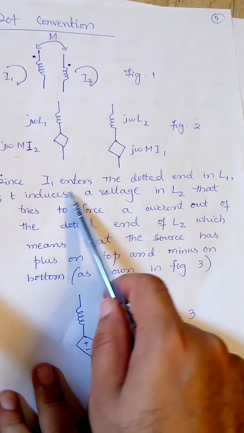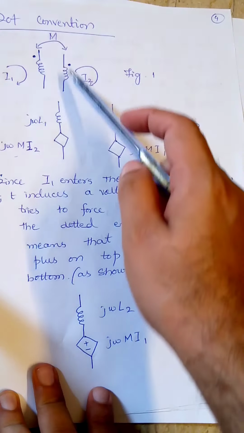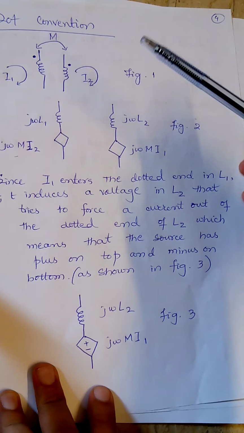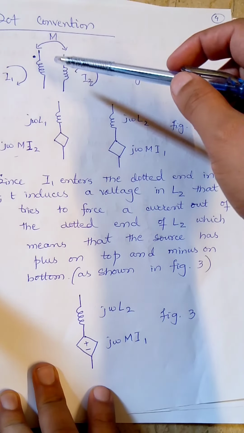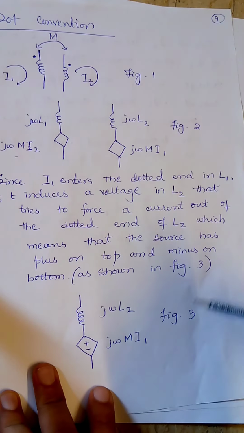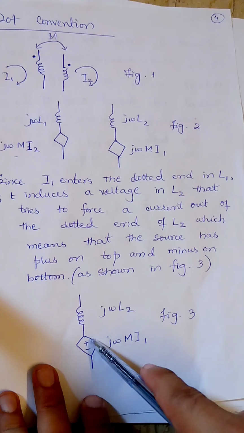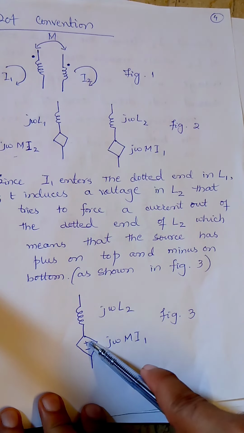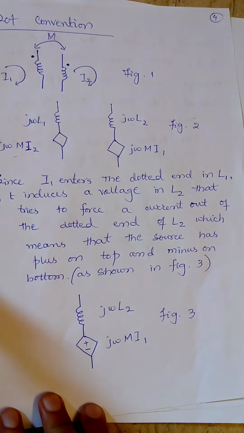The description is written over here, which means that the current I1 entering through the dotted terminal of L1 would try to cause current out of the dotted terminal of L2, right? Which means that this voltage source would be represented as positive on the upper side and negative on the lower side.